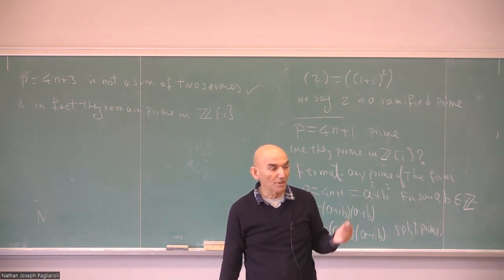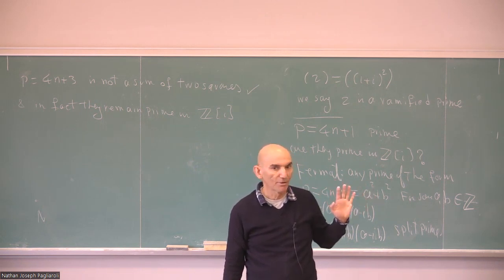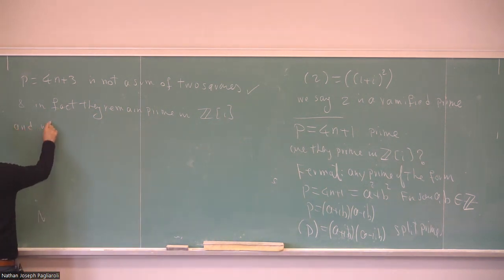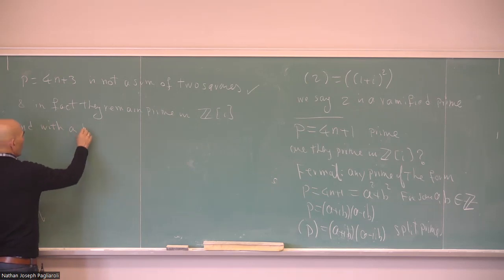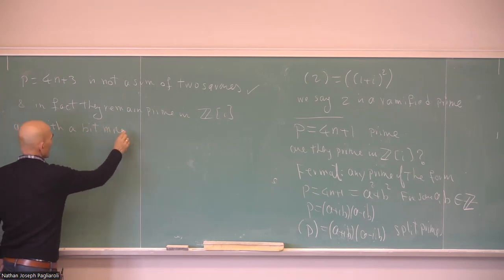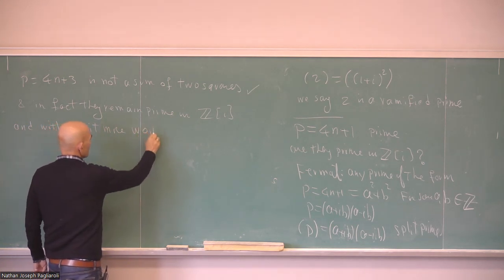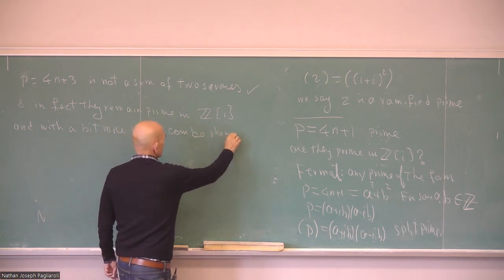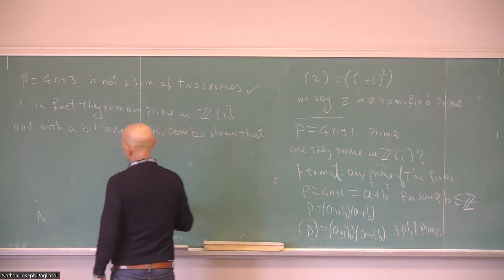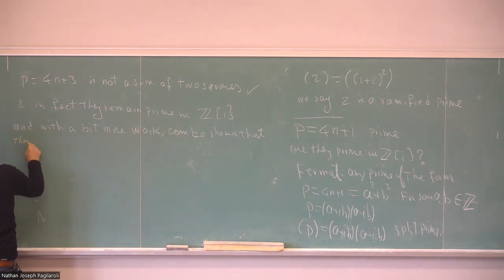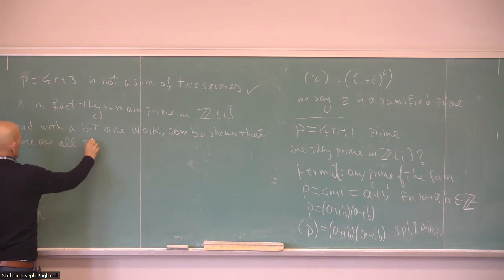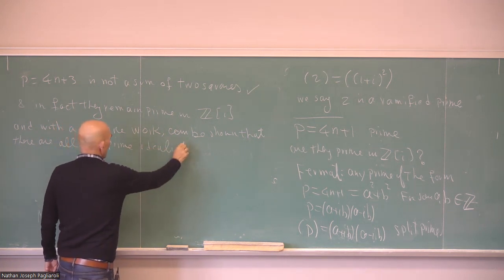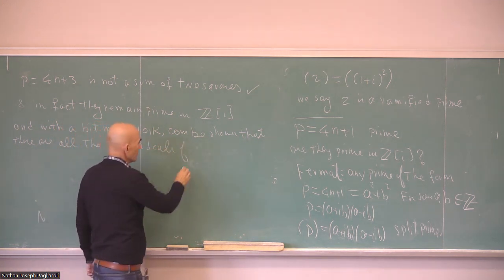You can show that actually these are all the prime ideals of Z of I, with a bit more work.